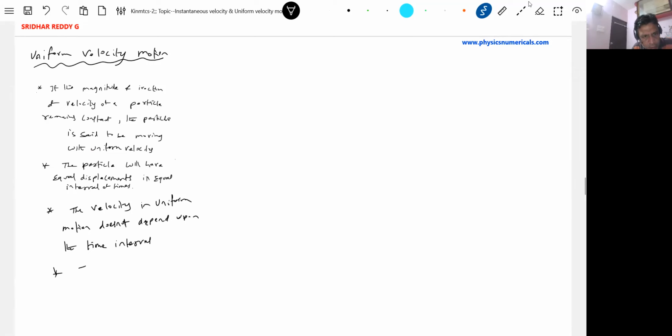So here also the velocity in uniform motion is independent of choice of origin also.